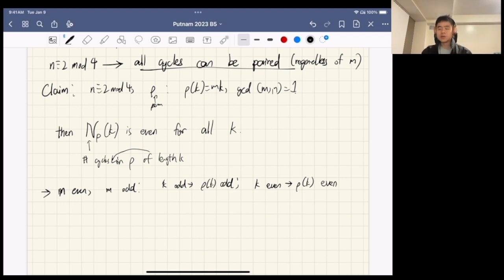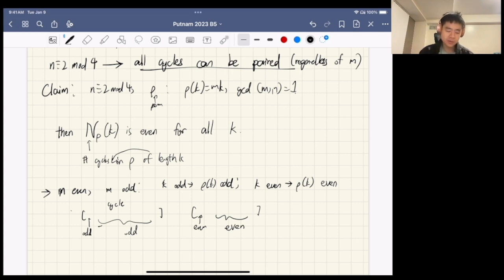Meaning that if we consider any cycle, if it is odd, then the whole thing is going to be odd, and if it is even, then the whole thing is going to be even. And it turns out that we can try to map this according to this pattern.